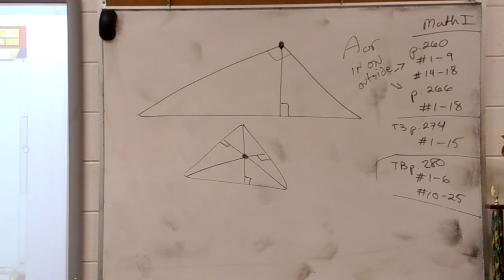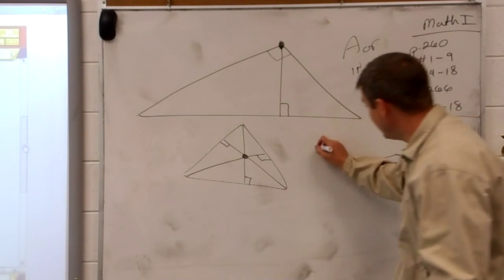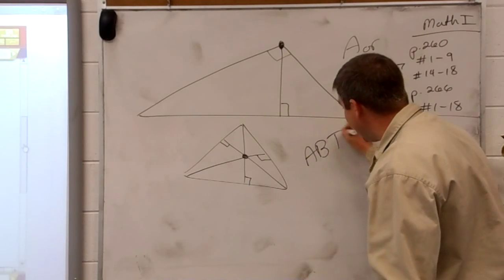The orthocenter is made up of the what? The altitudes. The altitudes make the orthocenter. What makes the centroid? The medians. You've got some studying to do. What makes the incenter? ABI, Abby.